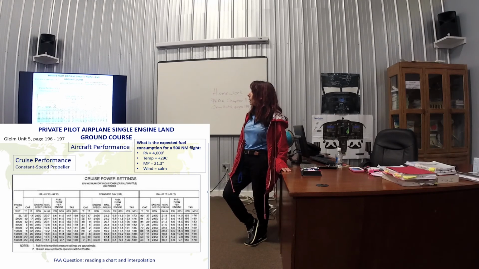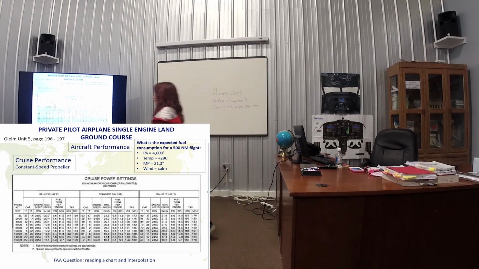So we want to know fuel consumption on a 500 nautical mile flight. We're given pressure altitude of 4,000, temperature of plus 29 Celsius, manifold pressure, because it's a constant speed propeller, 21.3 inches, winds calm. It's all charts and graphs. You have to read all the information.